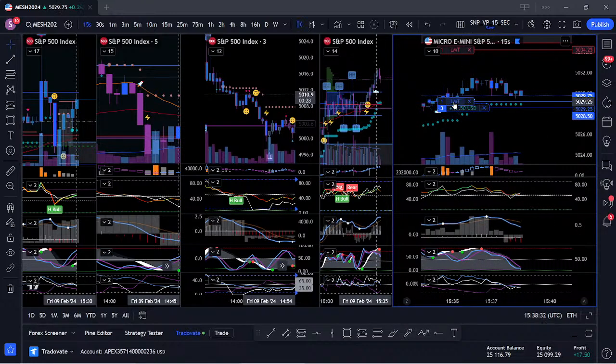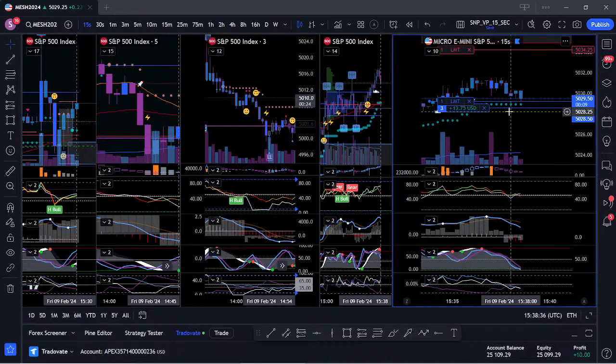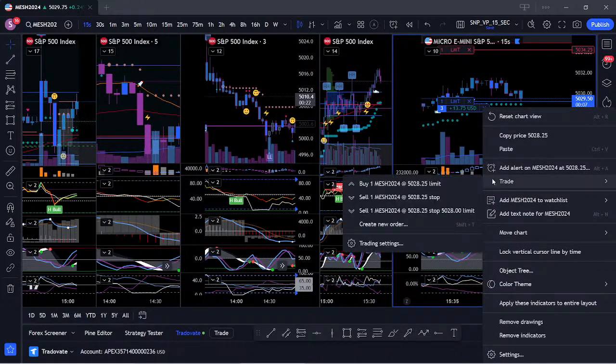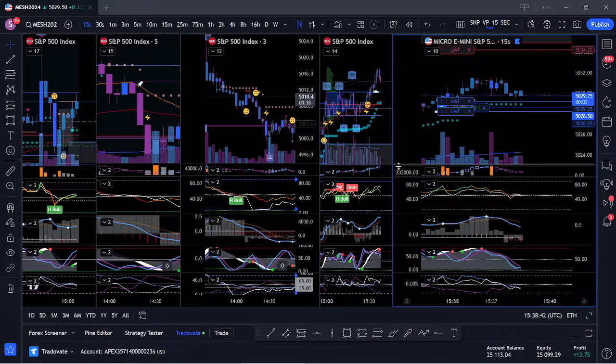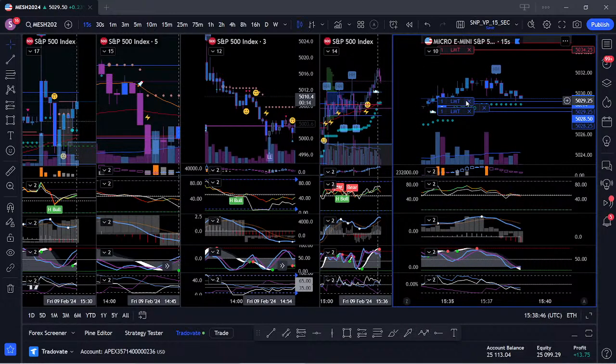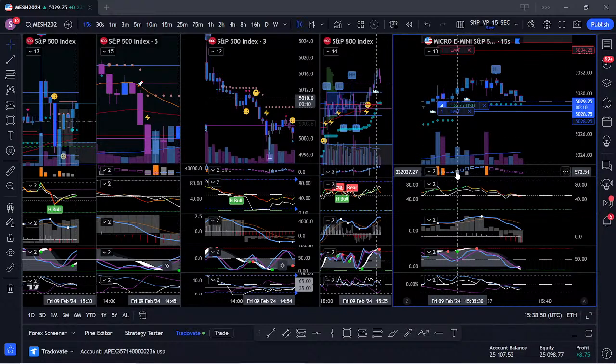This is a good reload area. This is another good reload area. Come on, take it. Yep, that's good.